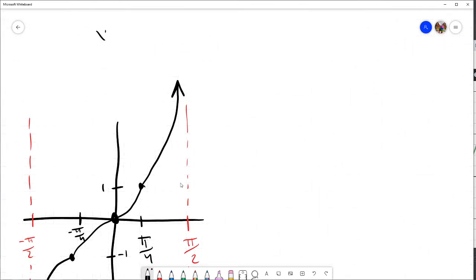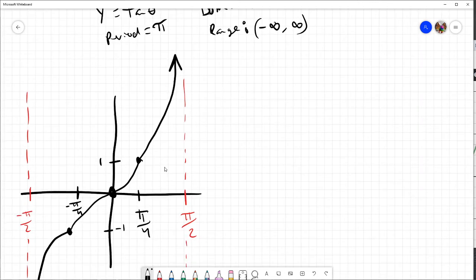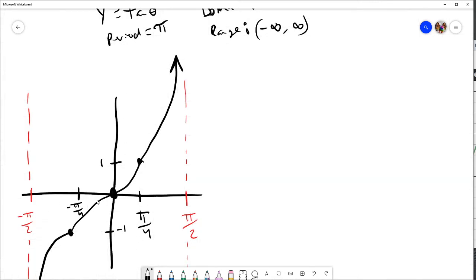So for our y equals tangent theta, we can note that the period is going to equal pi, and we can see that the range is going to be negative infinity to positive infinity, because we can get every single y value just within this little subsection here.